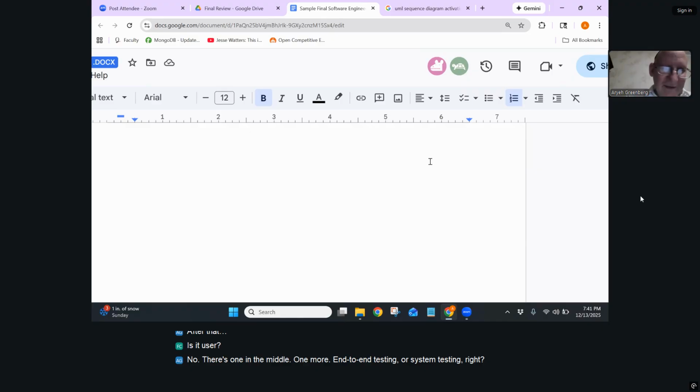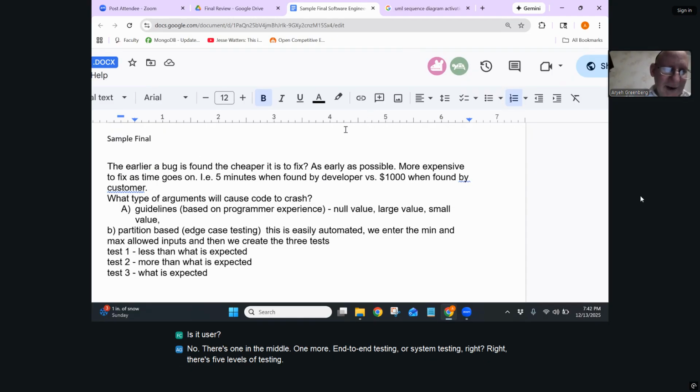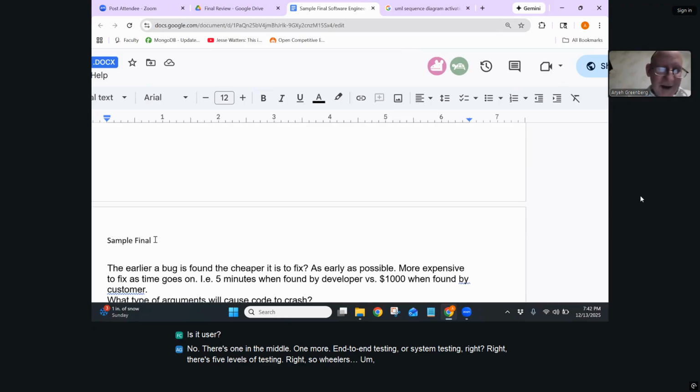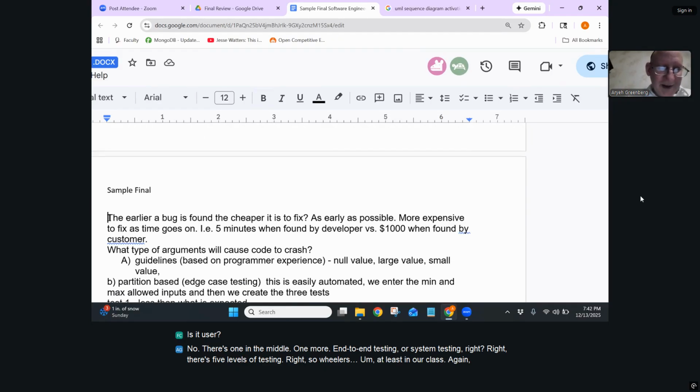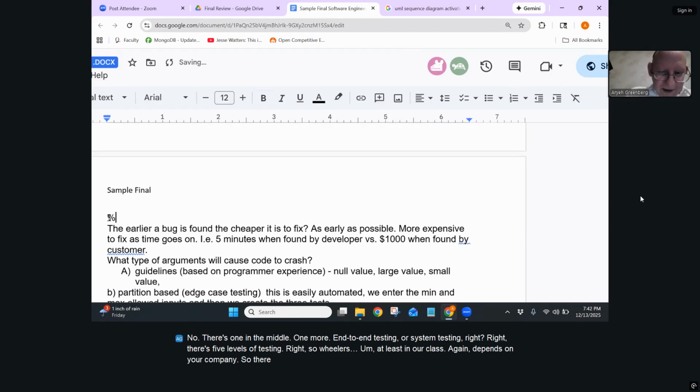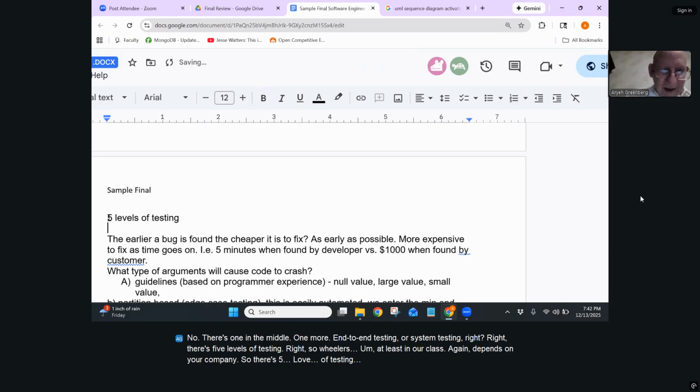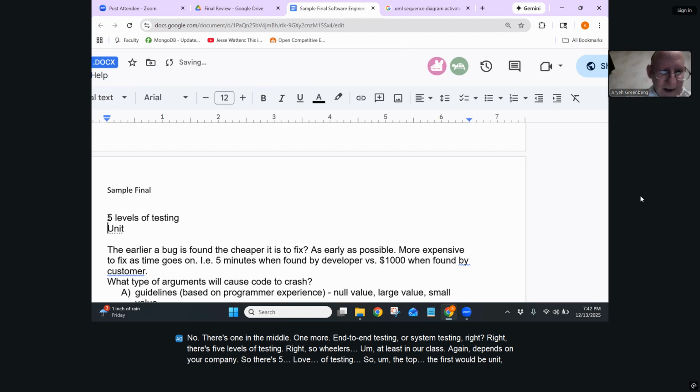There are five levels of testing, at least in our class. Again, it depends on your company. So the first would be A, unit.